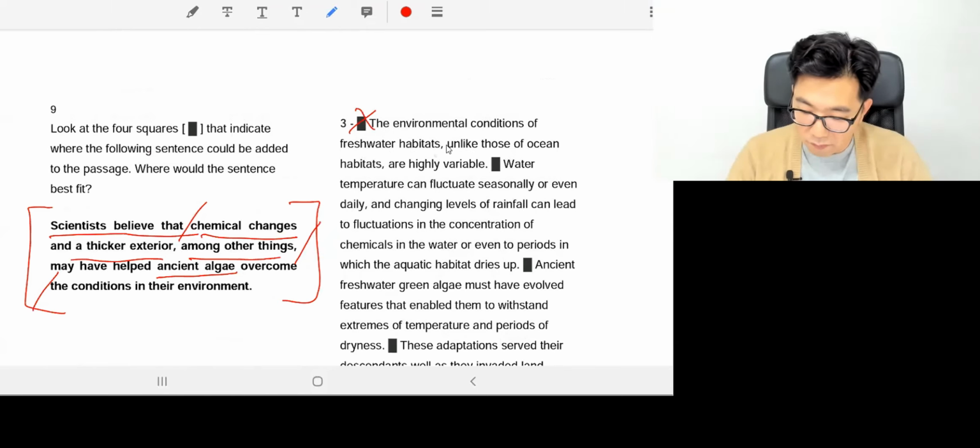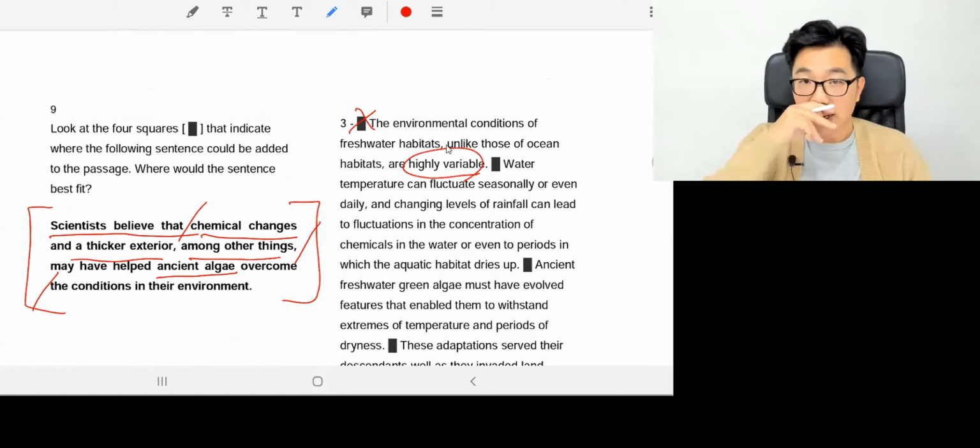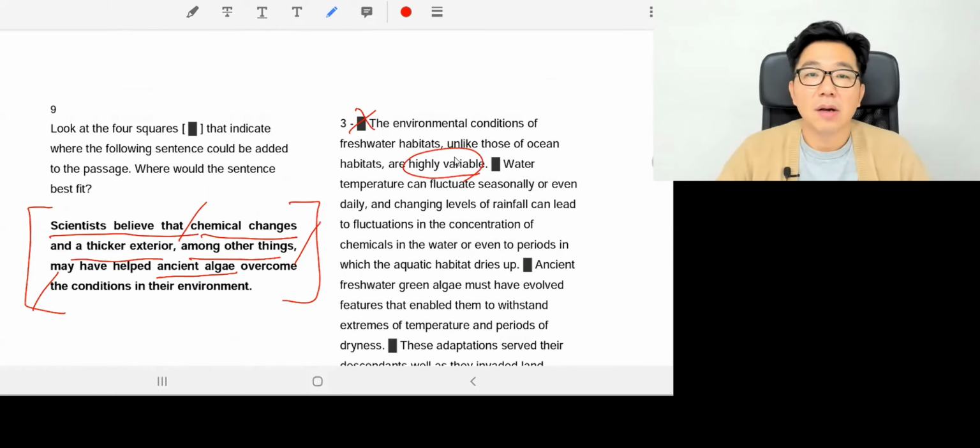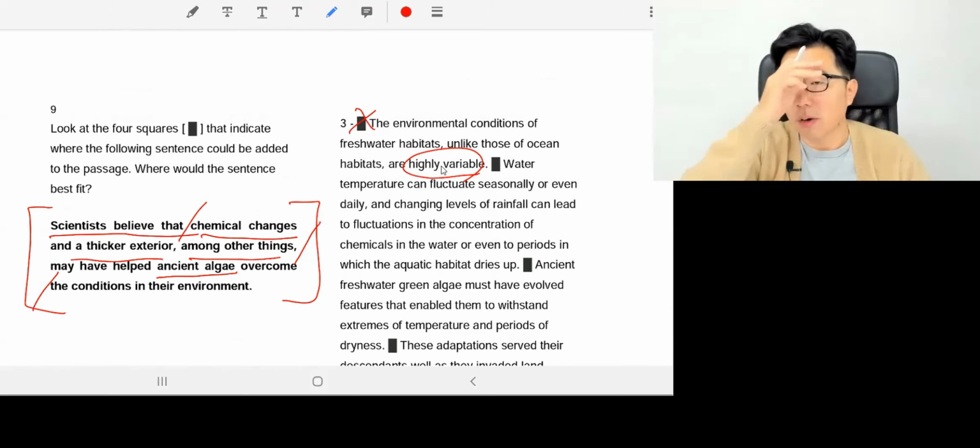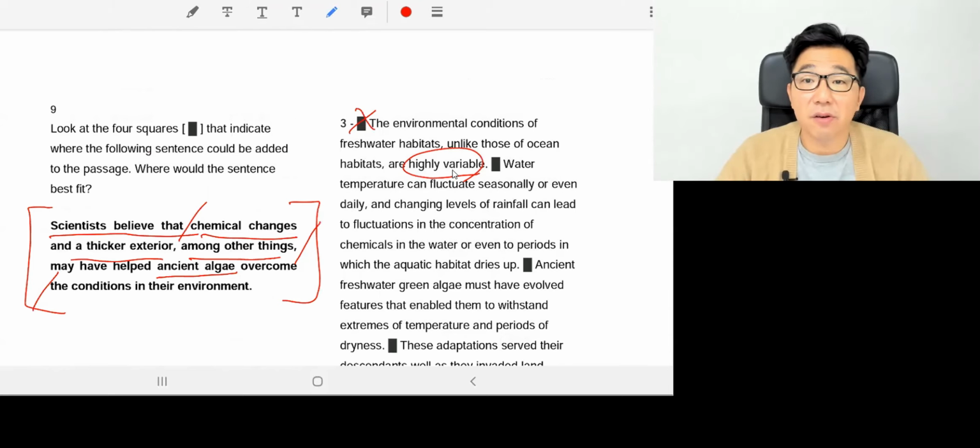We need more information about why or how highly variable it is, or in freshwater how variable it is, or, compared to the ocean, freshwater is more variable in this area. We need some more information about how much more variable freshwater habitats are compared to the ocean, right? So we cannot put it in the second square. Okay.